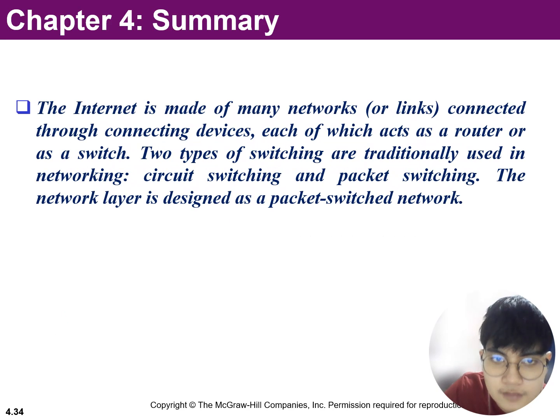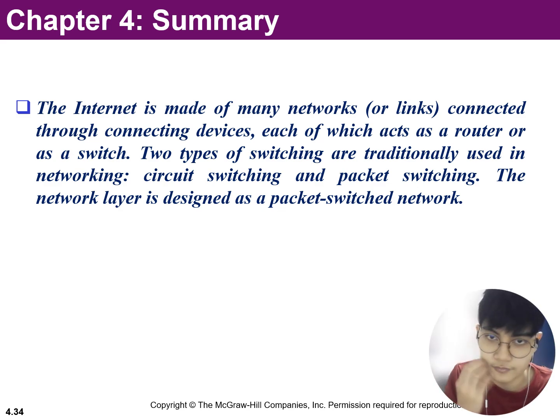Summary. The internet is made of many networks or links connected by connecting devices, each of which acts as a router or as a switch. Two types of switching are traditionally used in networking: circuit switching and packet switching. The network layer is designed as a packet-switched network.